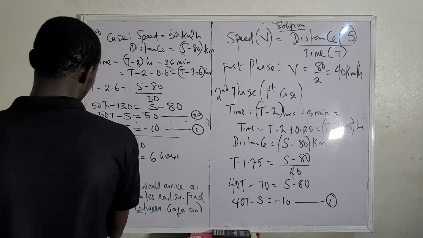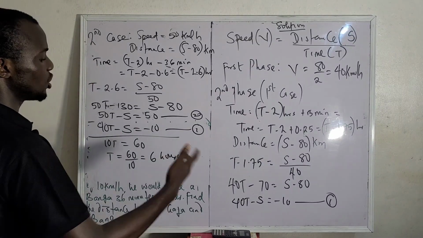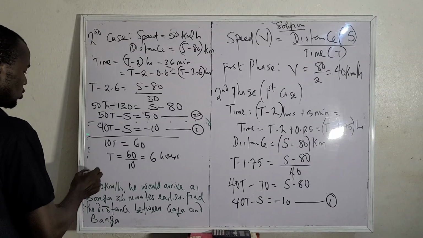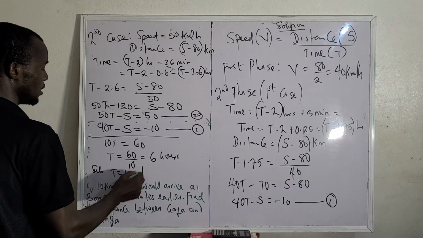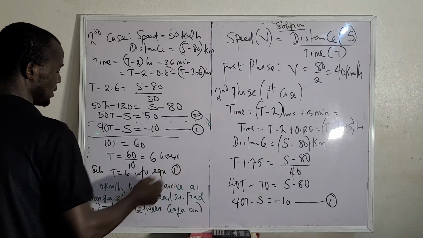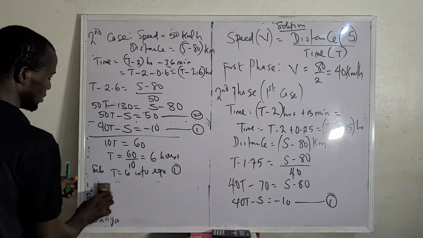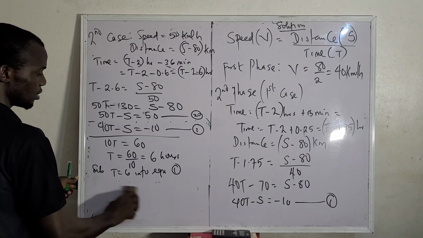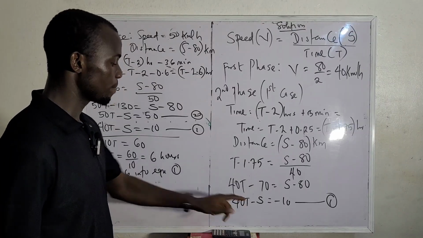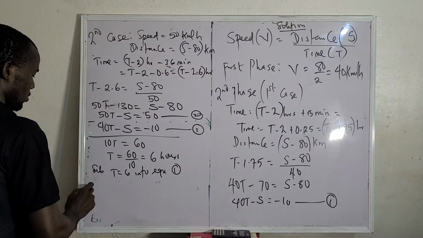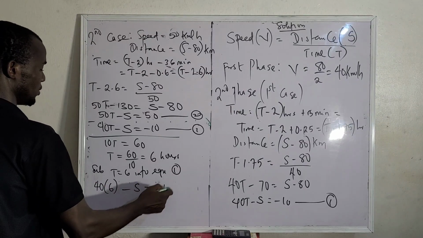Now, we want to get what the speed will be. If we substitute t equals 6 into equation 1, what will that be? That will become 40 times 6 minus x equals minus 10.